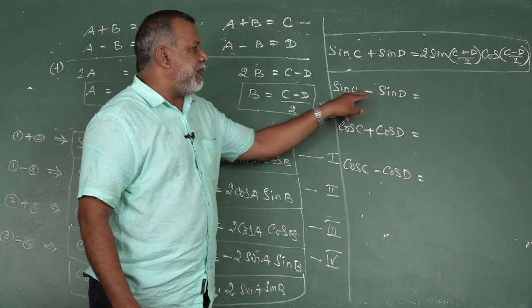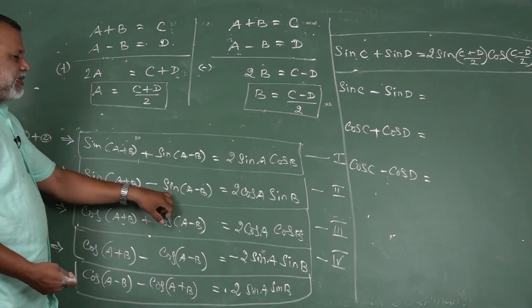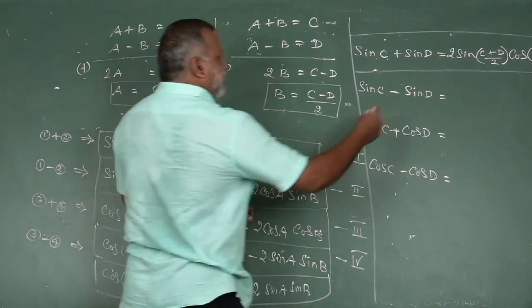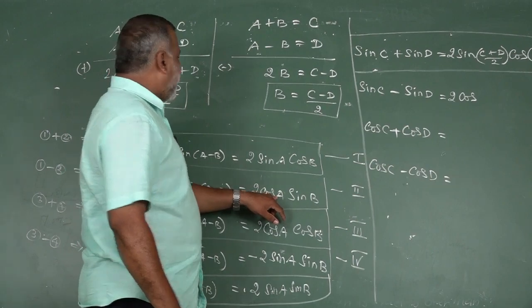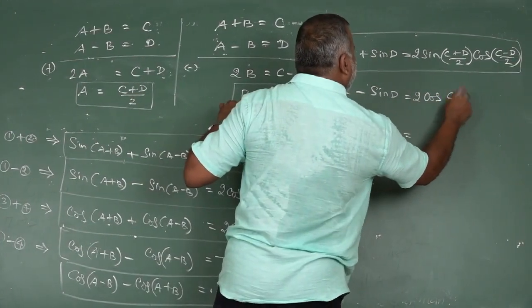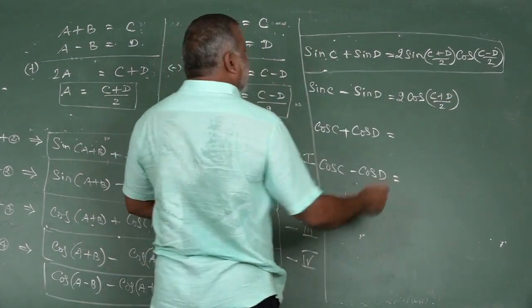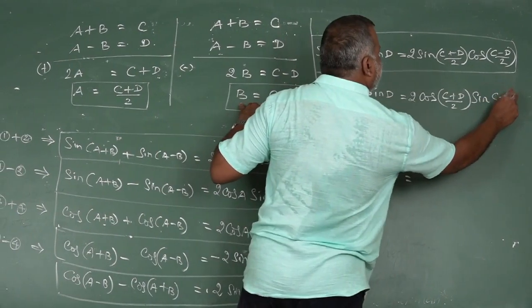Here, sin C minus sin D equals 2 cos C plus D by 2 sin C minus D by 2.